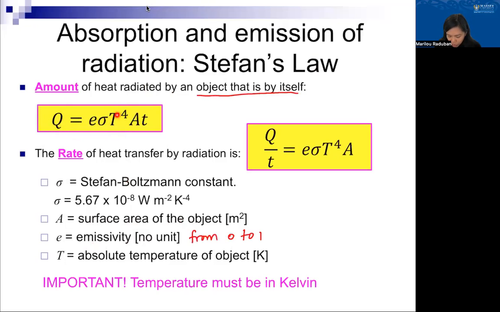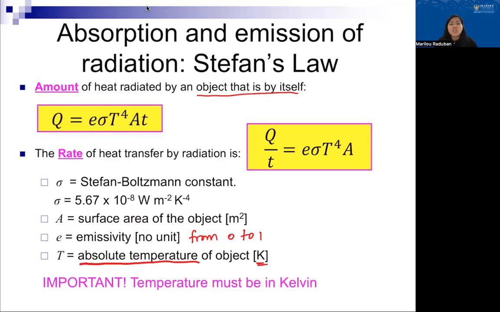So, temperature T. A very important thing to note when you're using this equation is that the temperature should be in Kelvin. So I've written here absolute temperature. Absolute temperature means that the unit for the temperature must be in Kelvin. So there's no getting around using Celsius in this case. In the previous heat transfer mechanisms, we were getting the difference in temperature, delta T, T hot minus T cold.